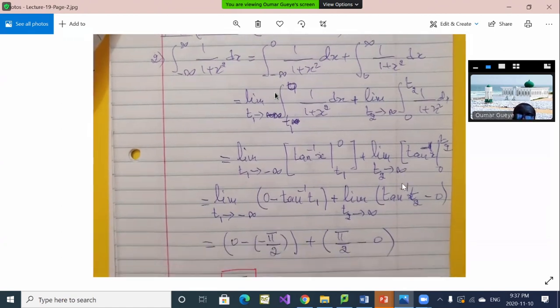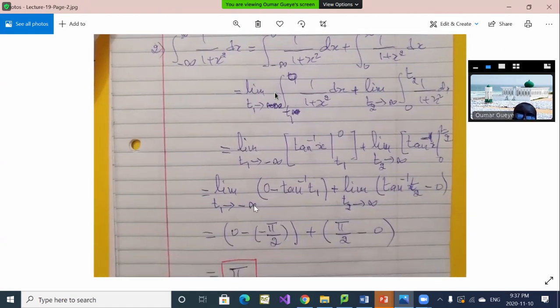Now when we let T1 approach negative infinity, based on how tan inverse was created, if you remember the second chapter that we did at the beginning of the semester, tan inverse is going to negative pi by 2. It's similar to asking yourself which tan gives us minus infinity.